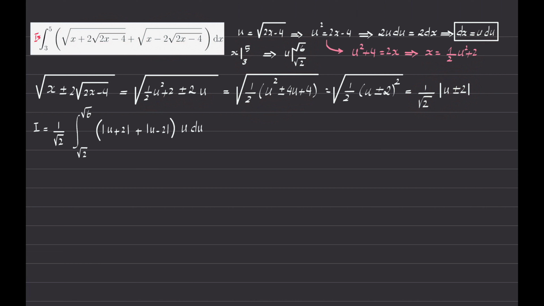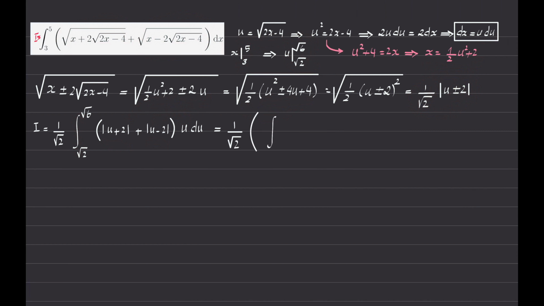Now what I want to do, I want to break my integral into two parts. So what I will do, I will multiply u here, and I will multiply u here. Then I have the sum of two functions. The integral of the sum of two functions can be written as the sum of the integrals of the individual functions. Okay, but this overall constant is for both, so let me copy and paste it here and open a pair of brackets here.